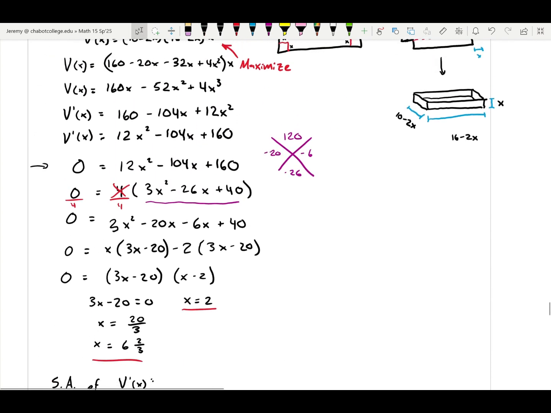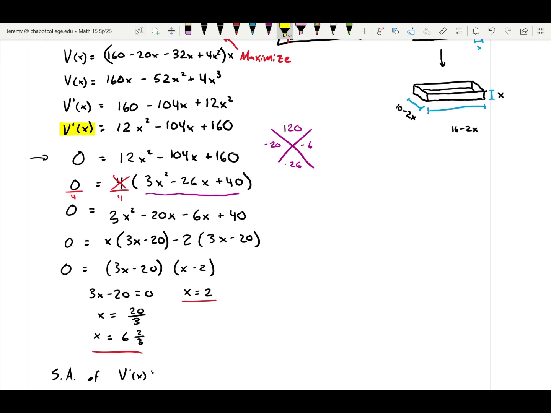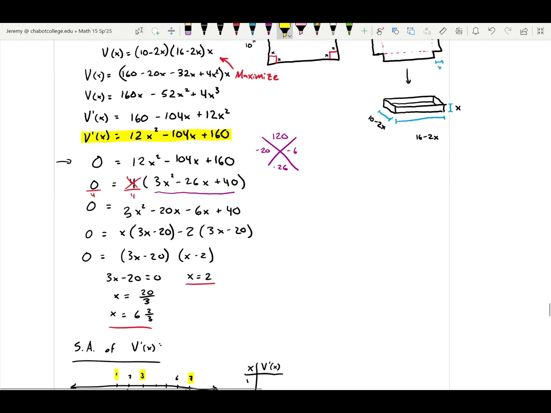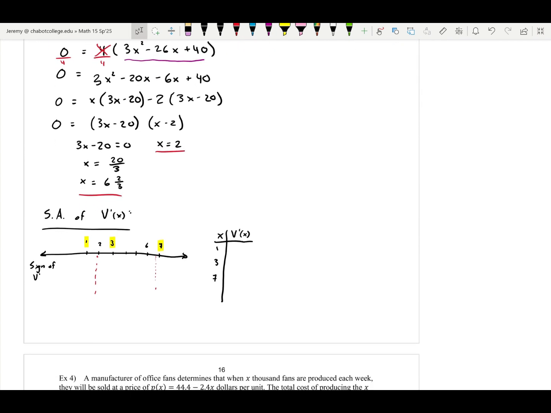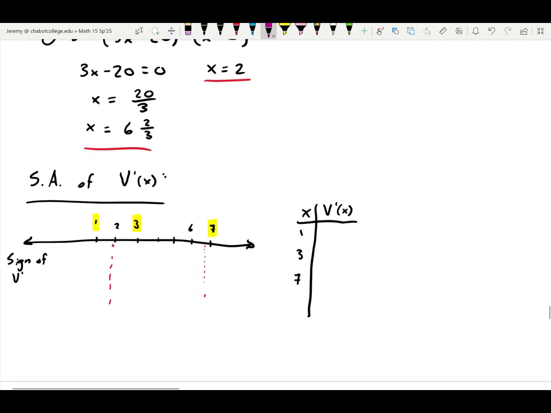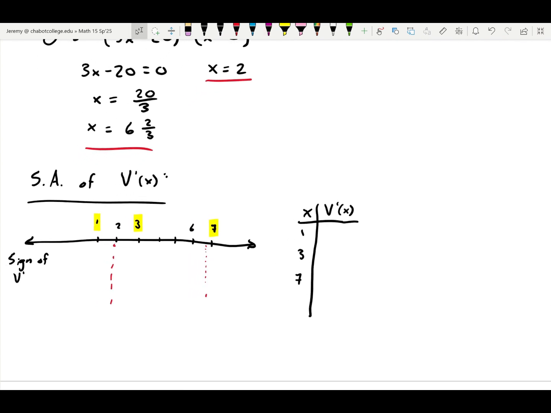I'm plugging into this up here. So I used my calculator, and what I found is that when I plugged in 1, I got out a positive number. When I plugged in 3, I got out a negative number. When I plugged in 7, I got out a positive number.